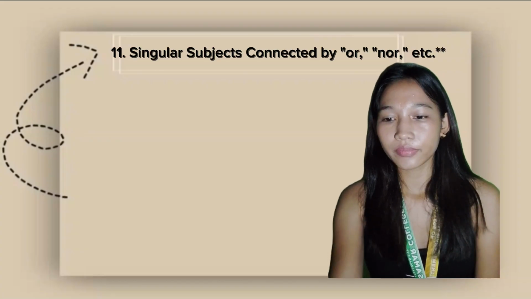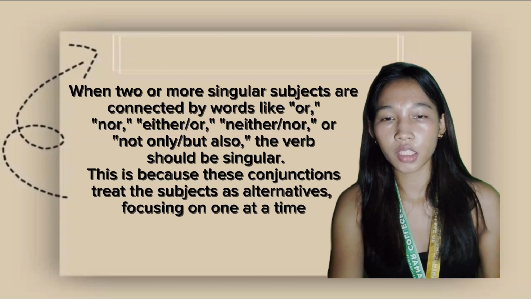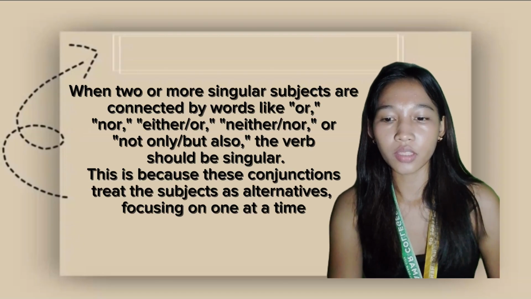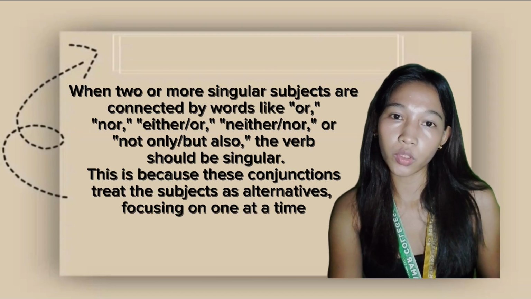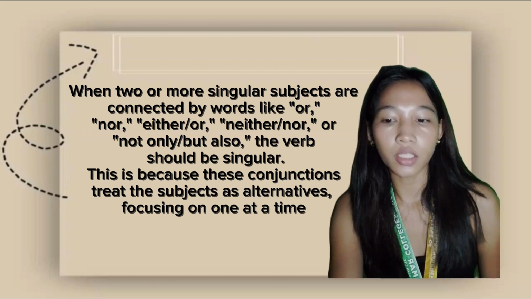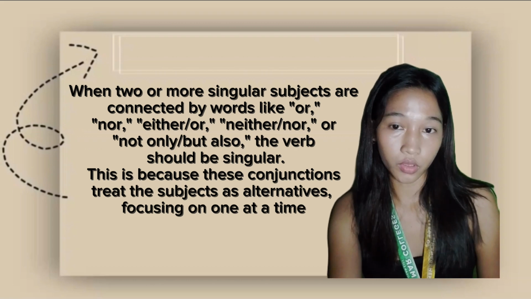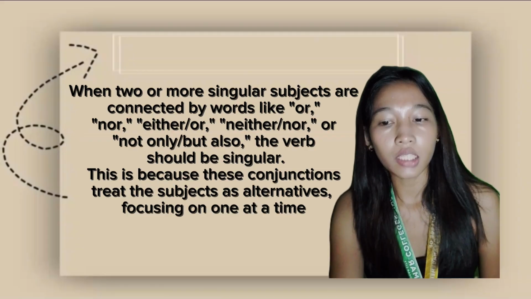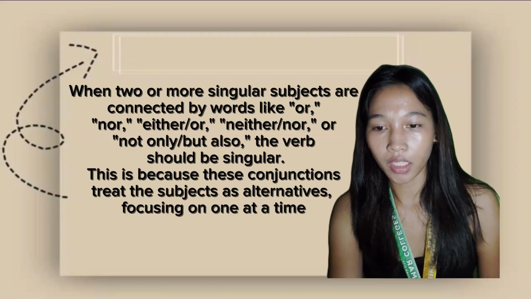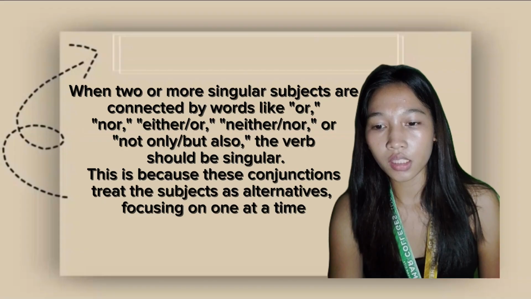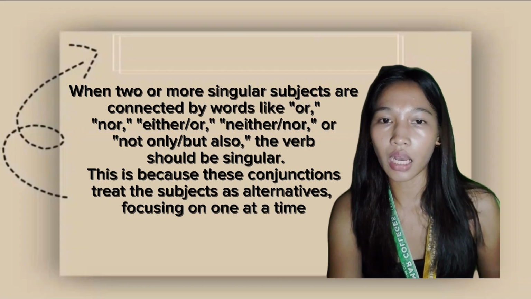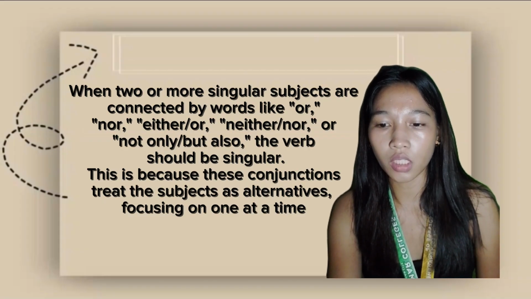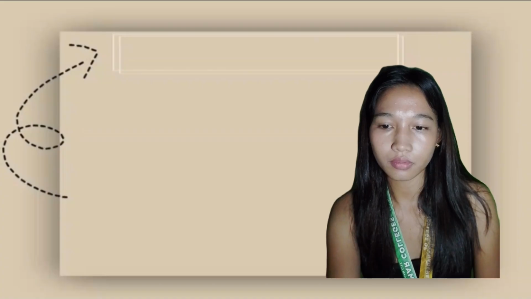Number 1. When two or more singular subjects are connected by words like or, nor, either-or, neither-nor, or not only-but also, the verb should be singular. This is because this conjunction treats the subjects as alternatives, focusing on one at a time.